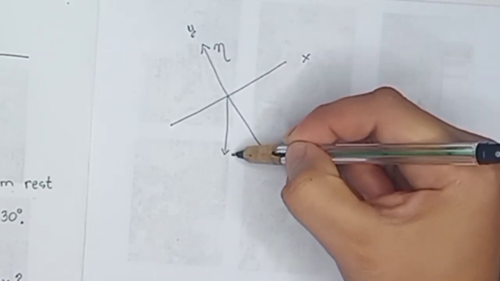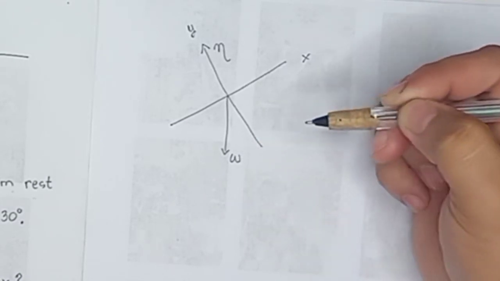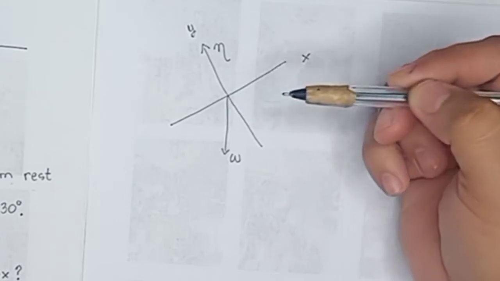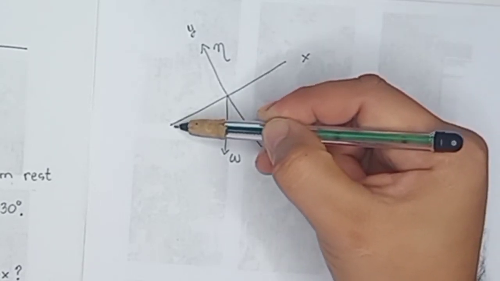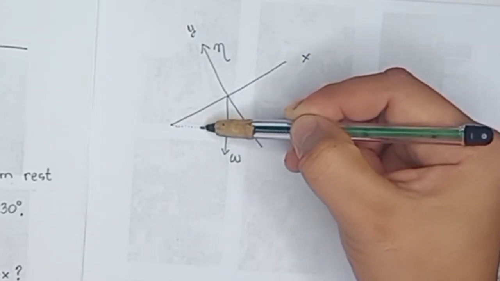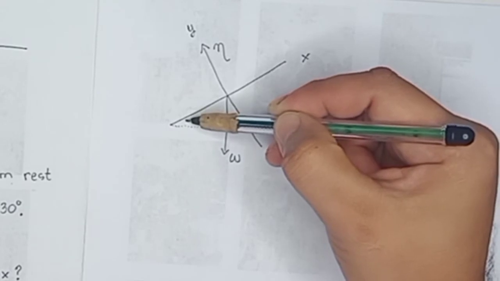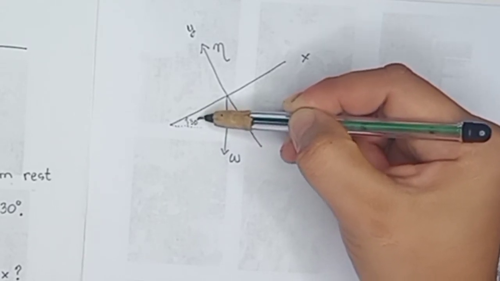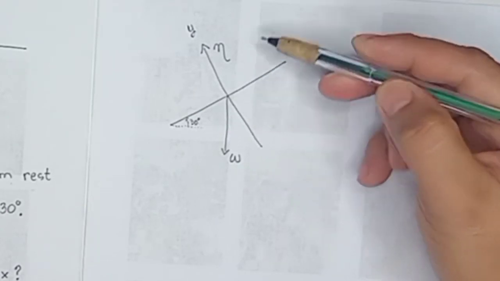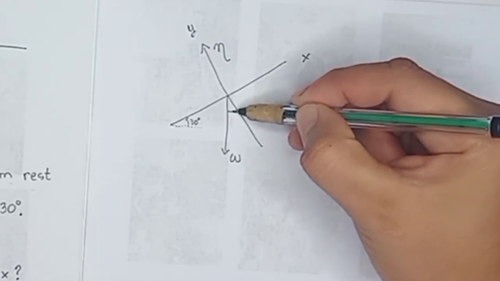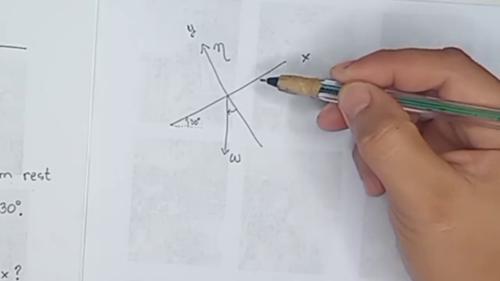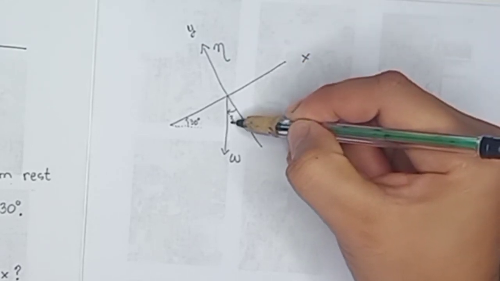So this is the direction of the weight of the box. The angle 30 degrees is initially at this location. This angle, which is measured from the y-axis, is also equivalent to 30 degrees.